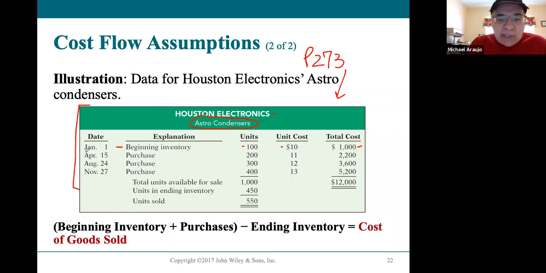Then what you see is through the year, the business purchases more of the product, okay? So in April, they bought 200 more units of this product, but as you see the cost, the cost to the business, the cost of each of these units went from $10 to $11, so they went up in price, okay?